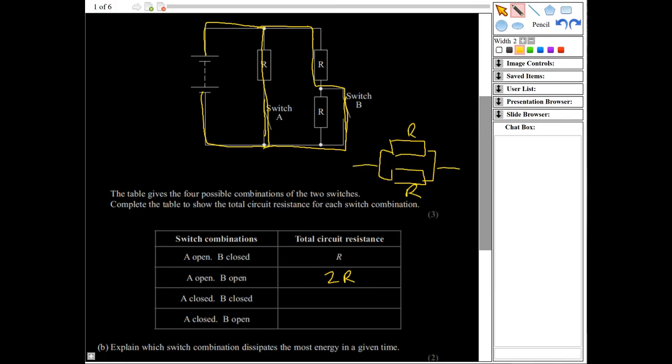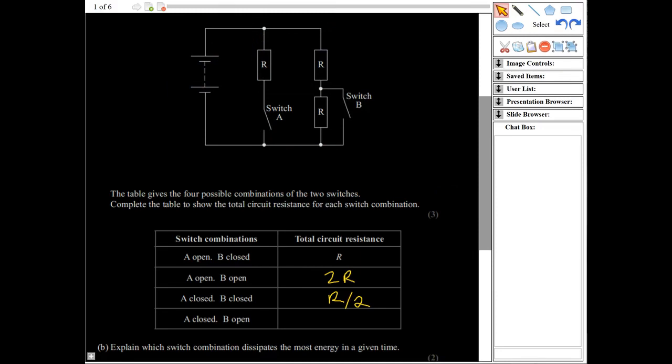Now as I said before, 1 over R total is 1 over R1 plus 1 over R2. Because those two are the same, you'd end up with the total resistance being R over 2, like that.